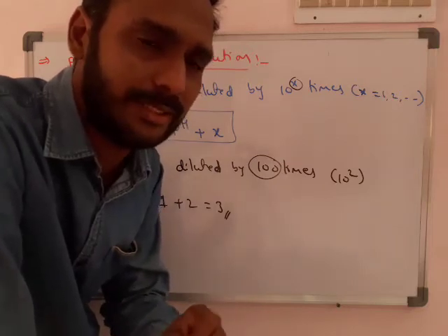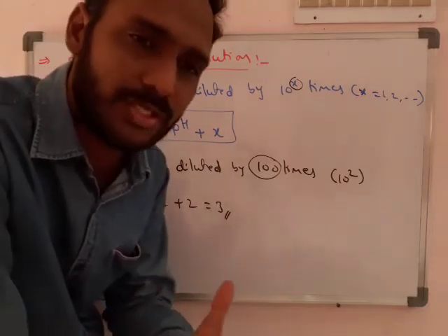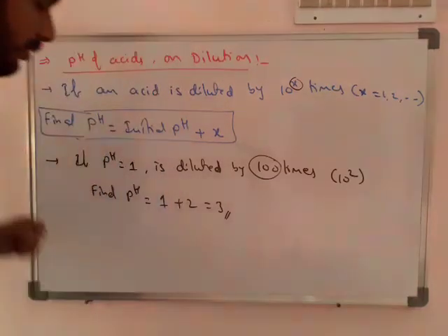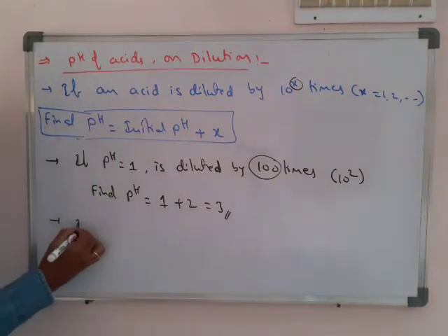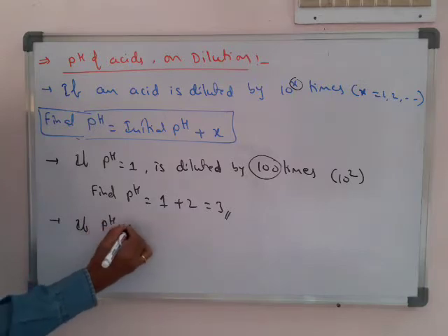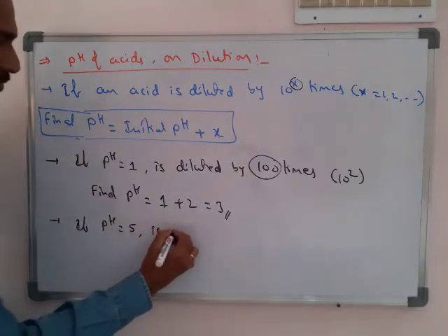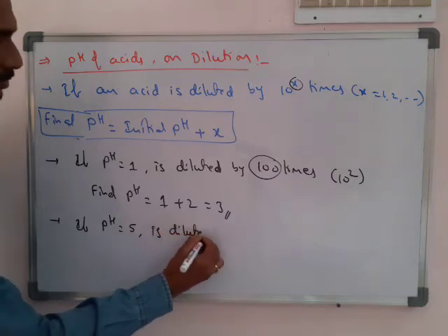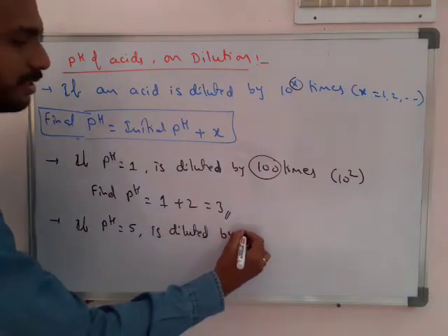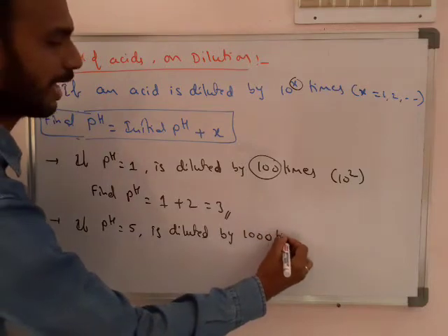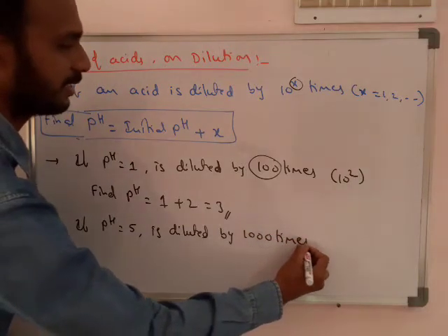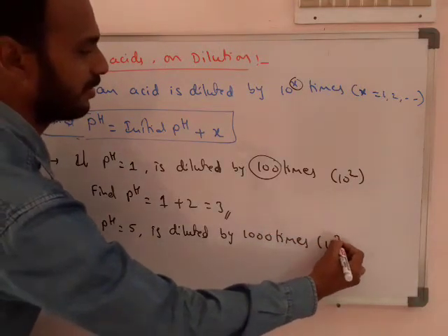But the thing is, on dilution, for example, if the pH of a solution is 5 and it is diluted by 1000 times, that means 10 power 3 times.